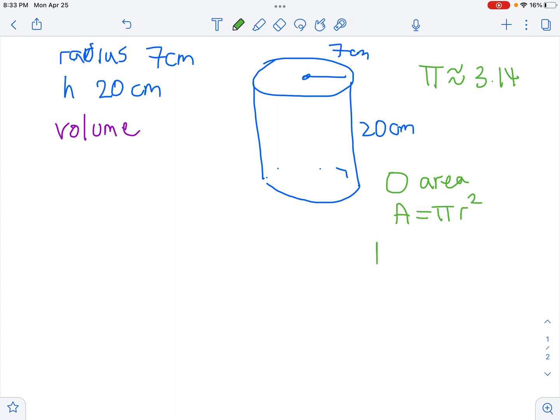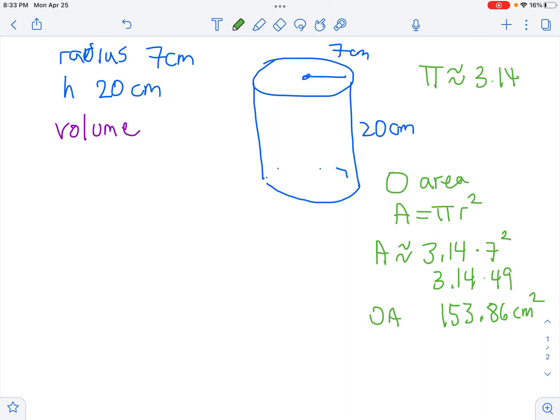So the area of the circle is approximately, and everything's going to be approximately because we're approximating pi, 3.14 times 7 squared, or 3.14 times 49, which ends up being 153.86 centimeters squared. So this is the circle area.